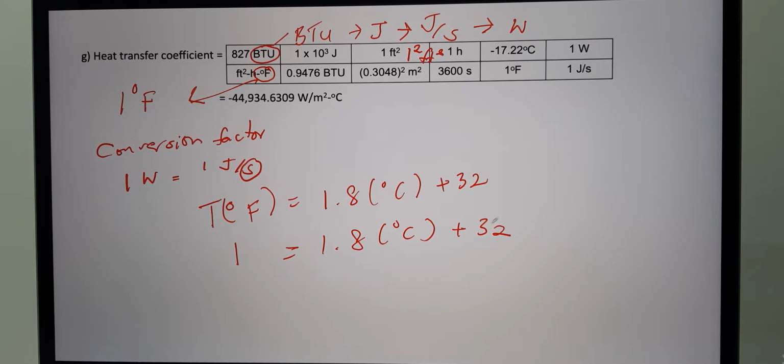So bring over this 32 to the other side. It becomes 1 minus 32 equals 1.8 degree Celsius. So this one becomes negative 31. Am I correct? Divide by 1.8. So degree Celsius becomes negative 31 divided by 1.8.